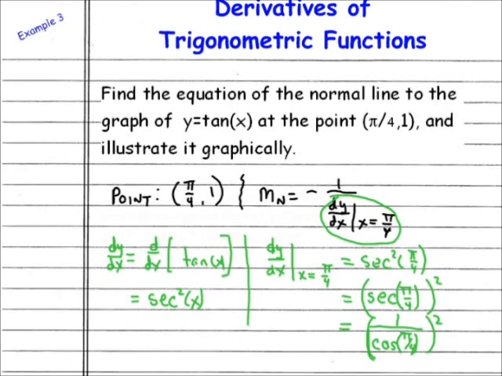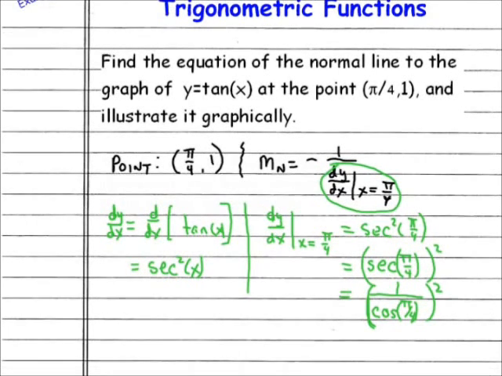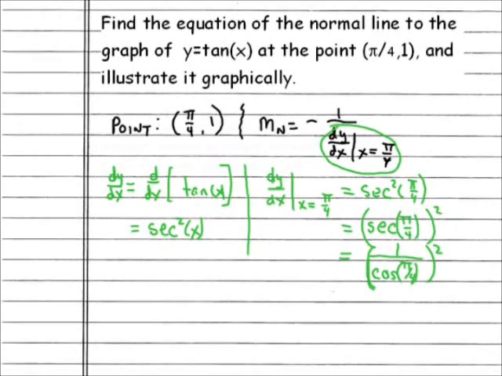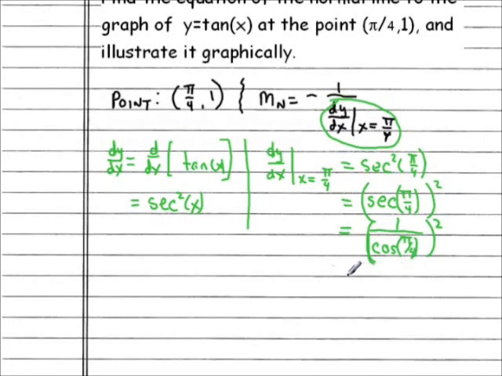Now I'm making progress, I believe. So let's see, do we remember the cosine of pi over 4 is the square root of 2 over 2? So I have 1 over the square root of 2 over 2 being squared. And of course 1 over the square root of 2 over 2 is 1 times the reciprocal of square root of 2 over 2, which is 2 over the square root of 2.